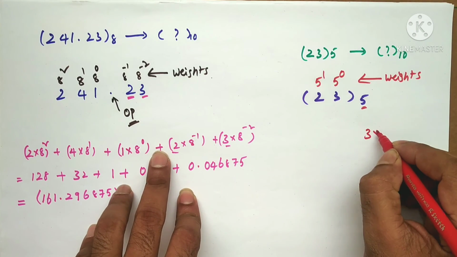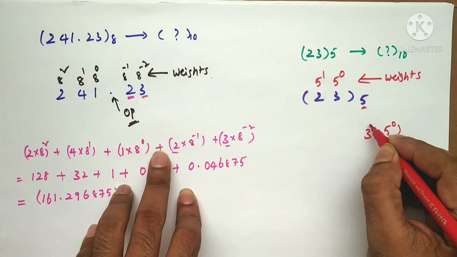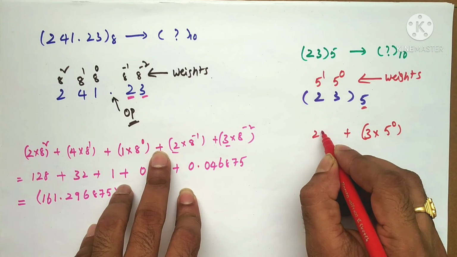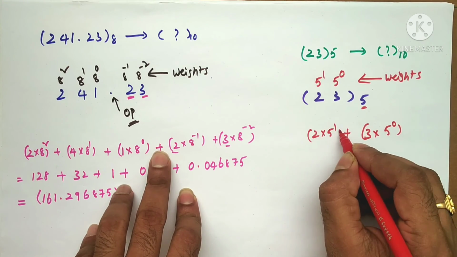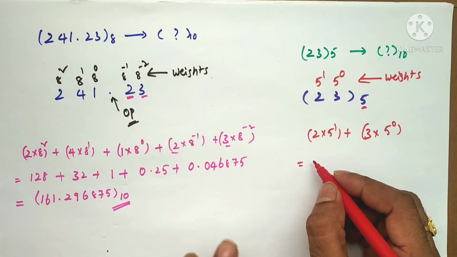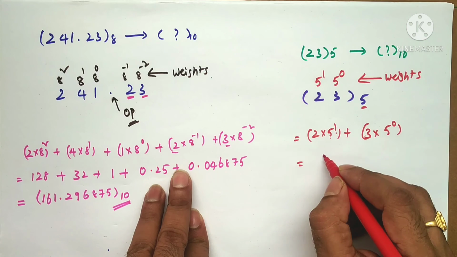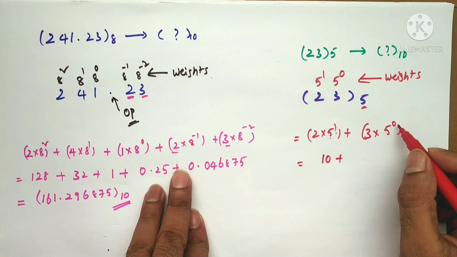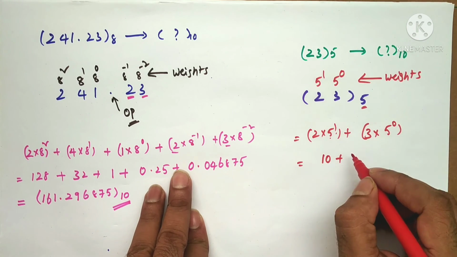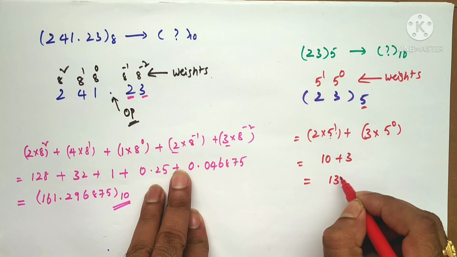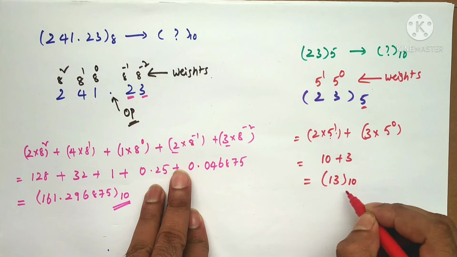So 3 into 5 power 0 plus 2 into 5 power 1 is the value here. So 5 power 1 means 5, 5 into 2 is 10, 10 plus 5 power 0 means 1, 1 into 3 is 3. So the value is 13 in base 10.